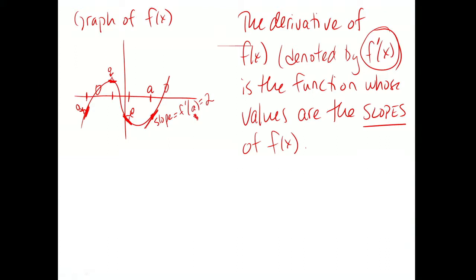Okay, and what does that number represent? That number represents the slope of the original graph, right? This is a picture that I drew 10 minutes ago, a graph of f of x.